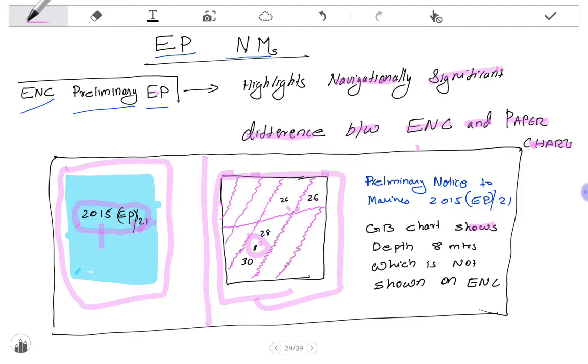For example, the preliminary notice to mariners says the GB chart, that is the paper chart, shows a depth of 8 meters, which is not shown in the ENC. That means there is a small 8 meter depth which is not displayed on the ENC.